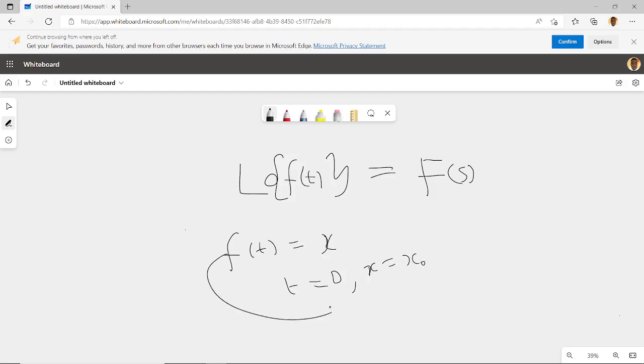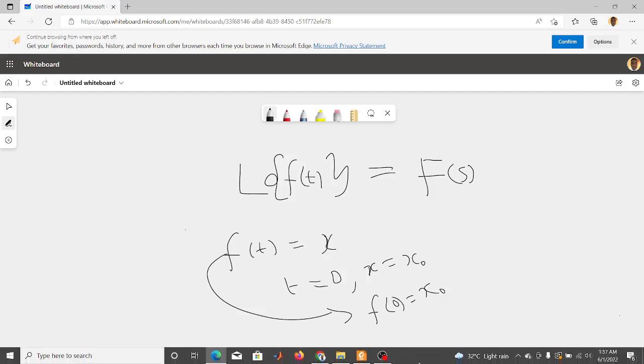So this can be written as the function of time, because time is said to be 0, equals x naught. Because we are told that the function of time equals x, and at time equals 0, x equals x naught. So if you are putting f and replacing the time with 0, definitely that will equal x naught.